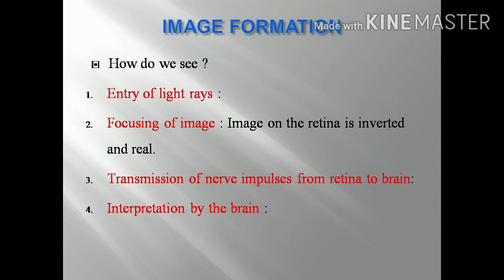Next, transmission of nerve impulses from retina to brain. The light energy of the image produces chemical changes in the sensitive cells, that is in the rods and cones. So when the light rays enter the retina, chemical changes take place in the rods and cone cells. These changes generate nerve impulses which travel through the optic nerve and reach the visual area of the cerebrum, where they give the sensation of sight.